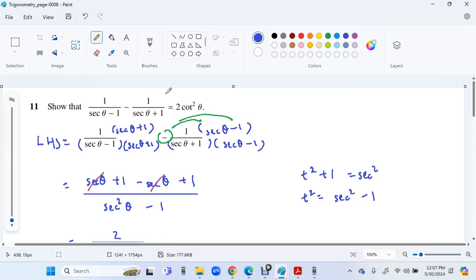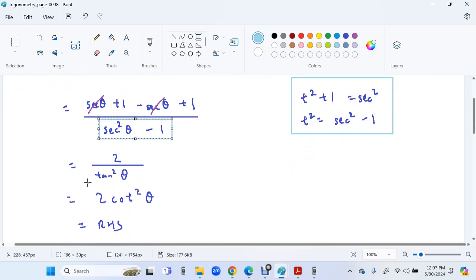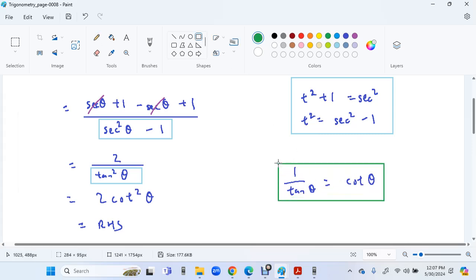2 cotangent square theta. So over here, we have the tangent square equal to the secant square minus 1. And then we also have the 1 over tangent is the cotangent theta.